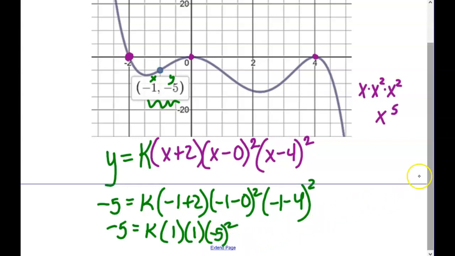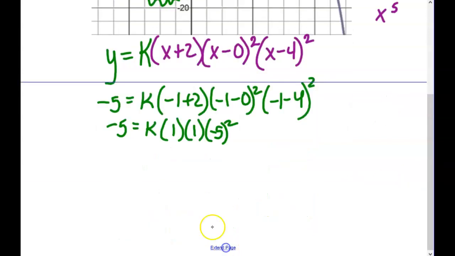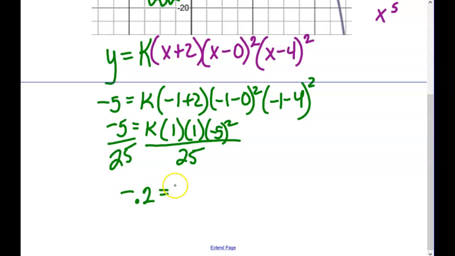I got 25. Did anybody get 25 on that side? I'm not going to rewrite it. That would become a 25. So you divide both sides by 25, which is, I think, a -1/5 or a -0.2.